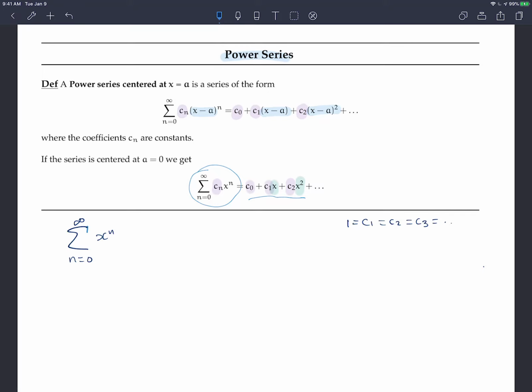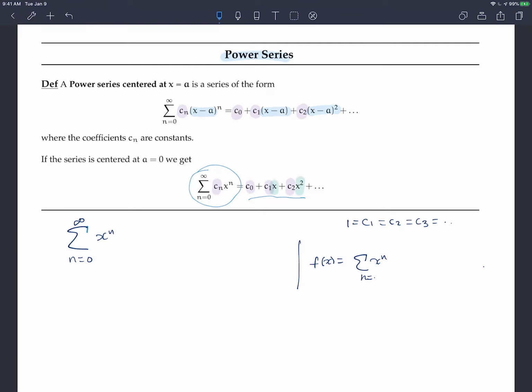And why is this important? Well, this is a geometric series, and where we're going with this in a couple of sessions is we're going to want to define a function to be this power series.